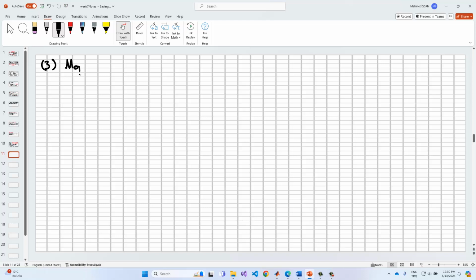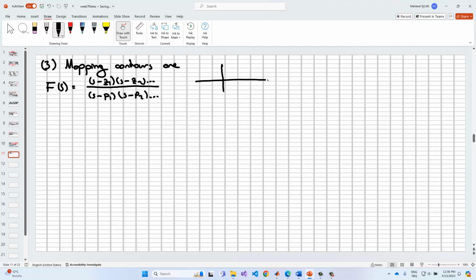Mapping contours. For example, if we are using the F(s) mapping function in here, (s minus zero 1)(s minus zero 2), and so on, over (s minus pole 1)(s minus pole 2), and so on. And in the s plane, for example, we have this contour just like this one, for example Q. This is the s plane.